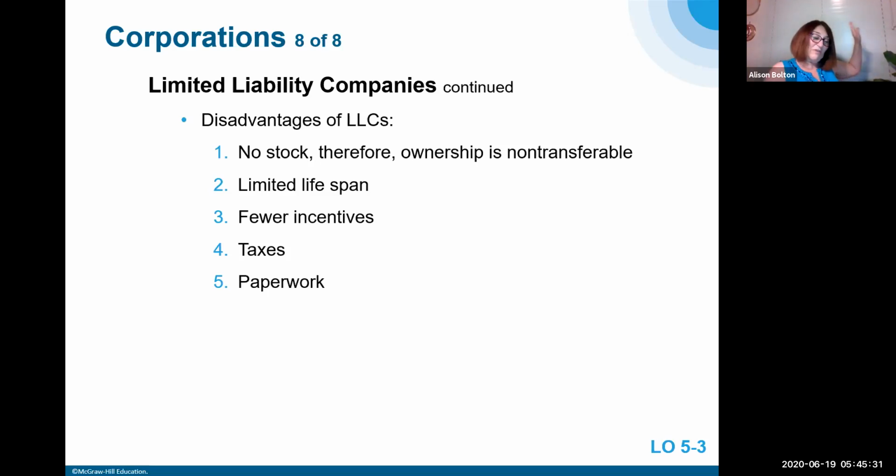I talk about putting that money on the shelf, just like having capital on the shelf, having money for taxation on the shelf. Two different pools of extra accumulation of monies for different reasons. And then lots of paperwork. There's always paperwork, no matter what kind of business you're running.